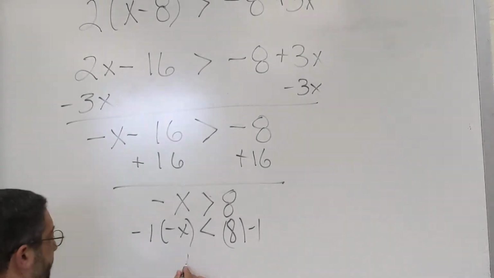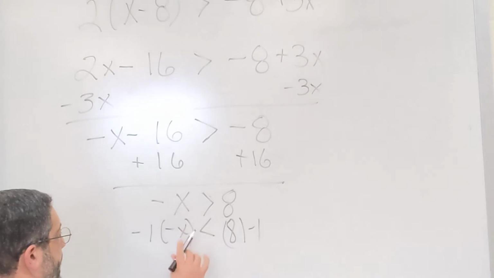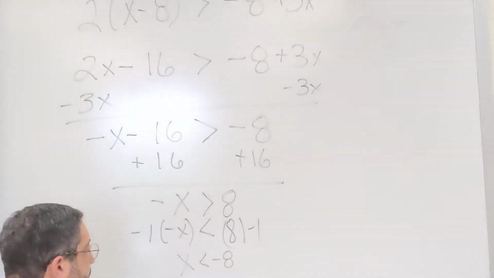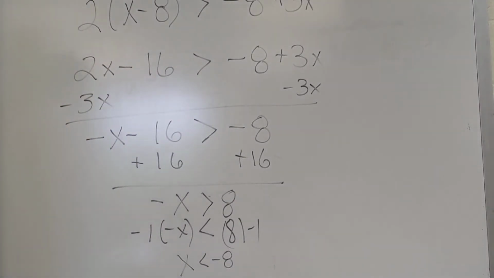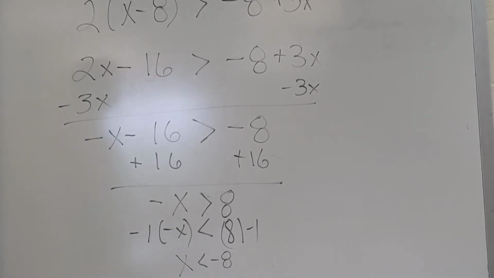So I end up with x is going to be less than negative 8 for this one, because I'm multiplying both sides or dividing by a negative.